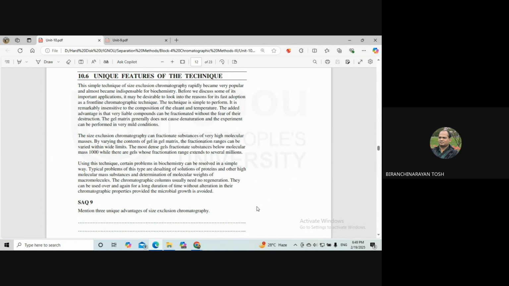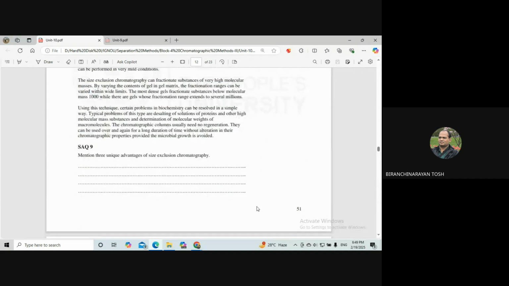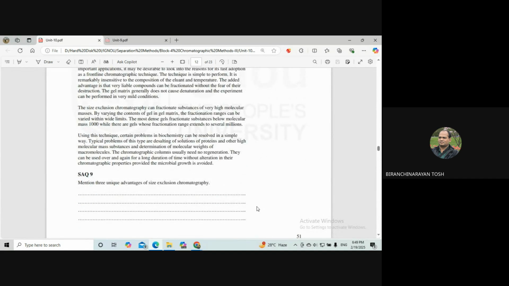Size exclusion chromatography can fractionate substances of very high molecular masses. Using this technique, certain problems in biochemistry can be resolved in a simple way. Typical problems of this type are the fractionation of solutions of proteins and other high molecular mass substances, and determination of molecular weight of macromolecules.